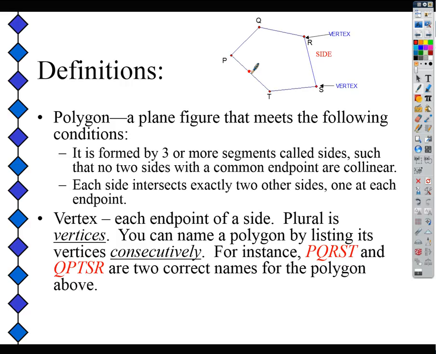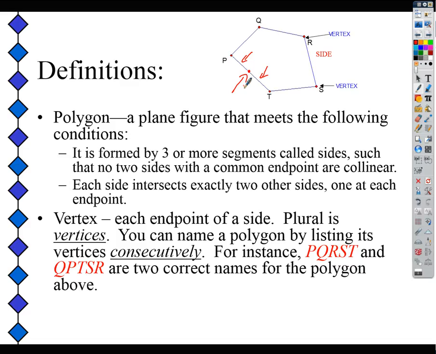It didn't change the shape at all, did it? So that wouldn't make it a 6-sided figure. It's still just a 5-sided figure because these two segments, right there and right there, are collinear. They sit on the same line. And so that is not considered to be a vertex. It's not an endpoint of a segment. Does that make sense?